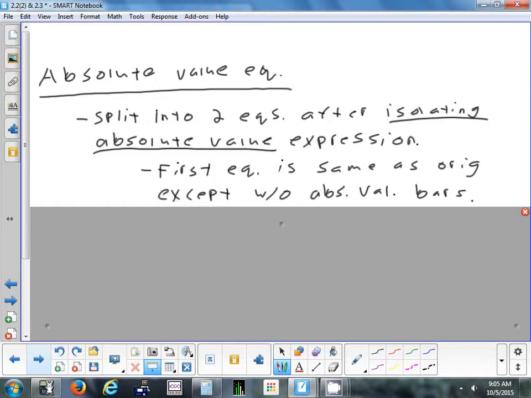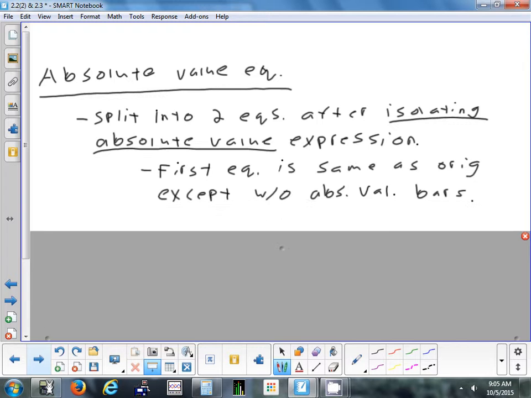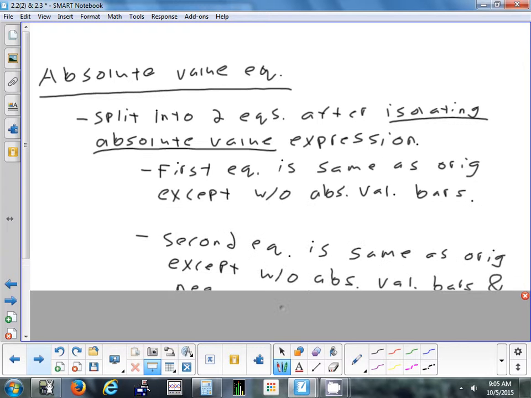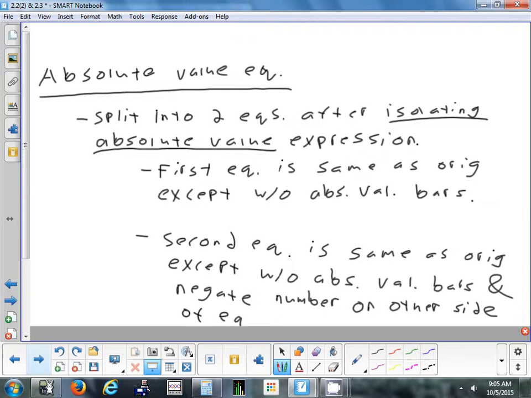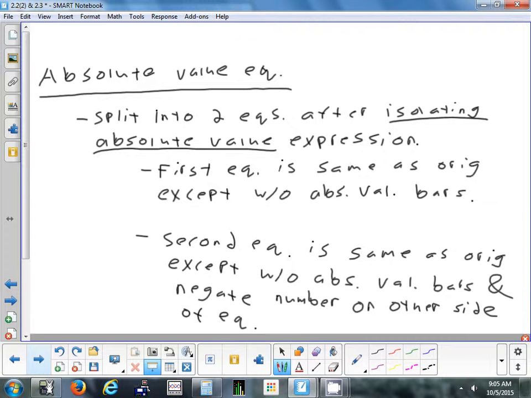Okay, now we need our second equation. The second equation starts out the same. It's the same as the original, except without the absolute value bars. That's just what you did for the first equation, except you've got to do one more thing. There's going to be a number on the other side of the equal sign. You've got to change the sign of it.